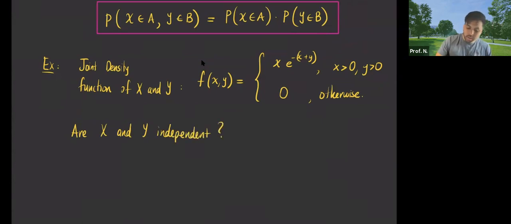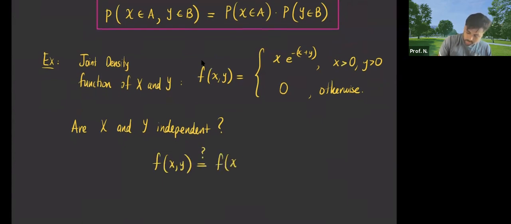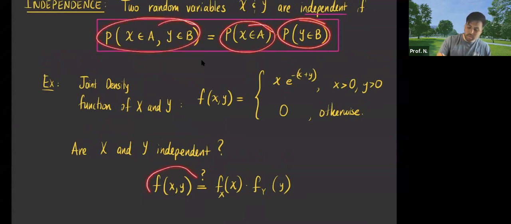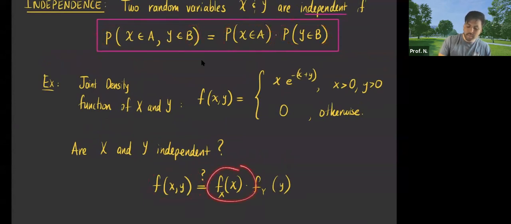So then the question becomes, is f of x, y the same as f of x times f of y? This is similar to this here. The joint PDFs have to be able to be, in a sense, multiplied, right?